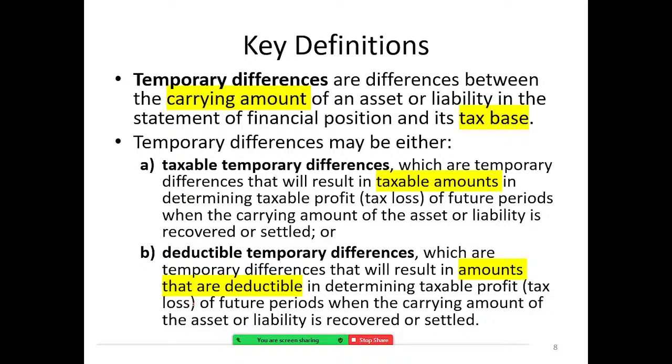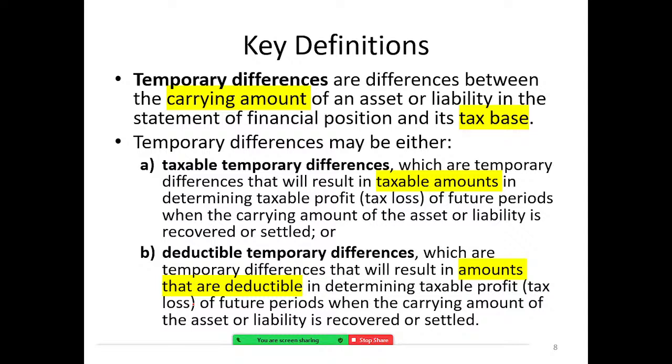Temporary differences. Temporary differences are the differences between the carrying amount of an asset or liability in the statement of financial position and its tax base. Carrying amount we can find in the balance sheet.